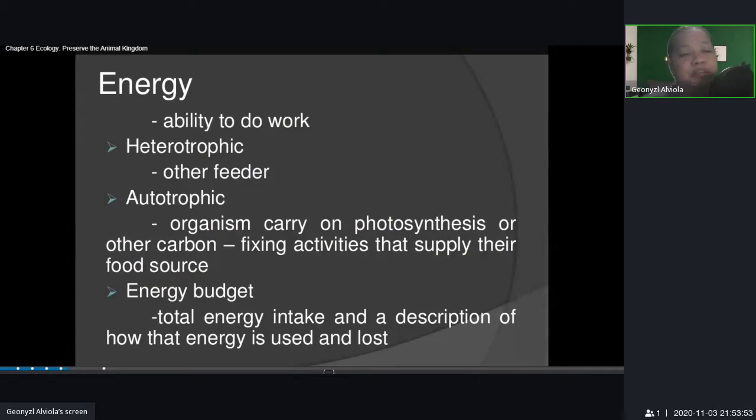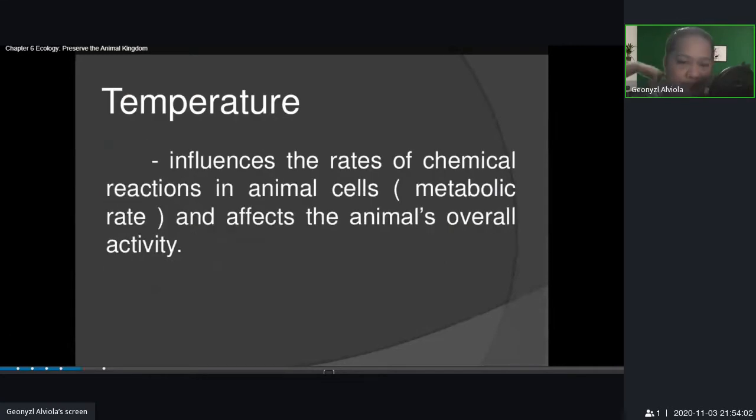So, energy budget is the total energy intake and the description of how the energy is used and lost. Temperature is another limiting factor aside from energy in the environment, because temperature influences the behavior of the animal. It also influences the metabolic activity of a certain animal.